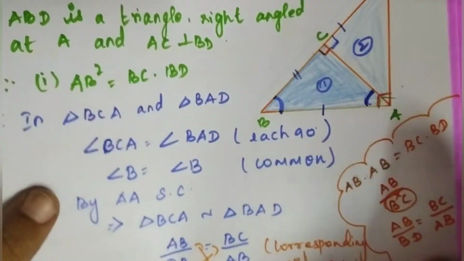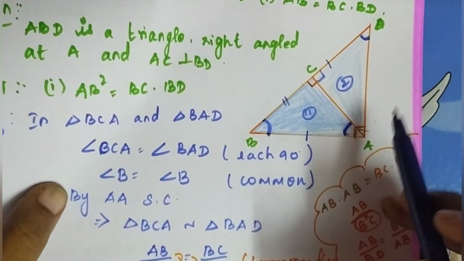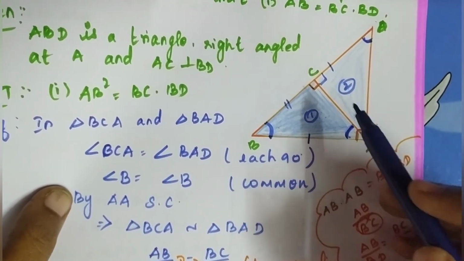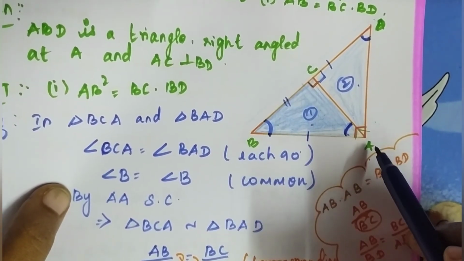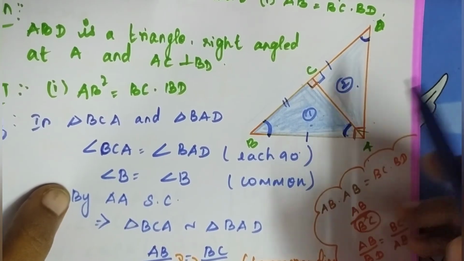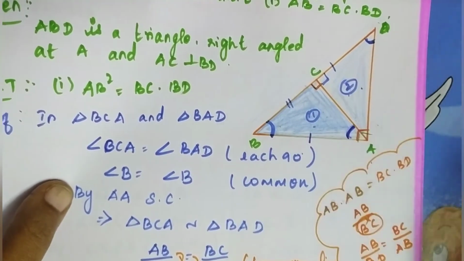To prove the first one, we have to take this triangle and the whole triangle, and to prove the second one, you have to take this and this, ACB and ACD, and for the third one, this second triangle and the whole triangle.